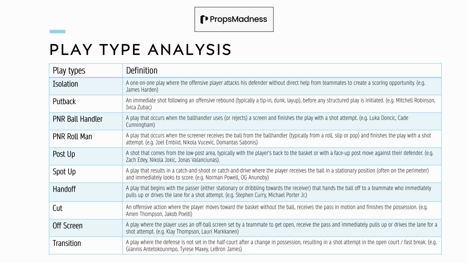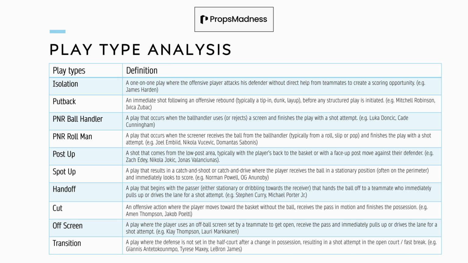We also have off-screen here. Off-screen is kind of similar in terms of the idea as far as handoff goes, but there is a bit of a difference. Off-screen is a play where the player uses an off-ball screen set by a teammate to get open, receives the pass, and immediately pulls up or drives to the lane for a shot attempt.